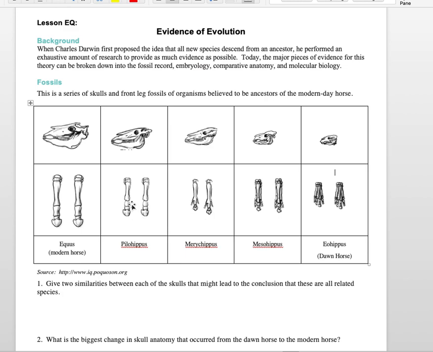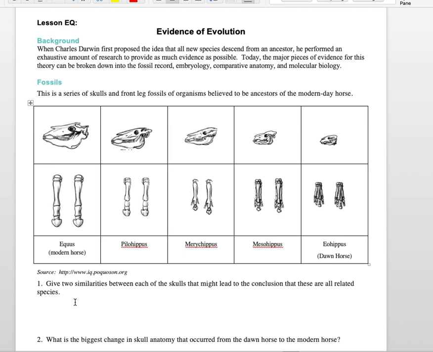We first see more of a change in the Pliohippus, in the legs as well as the skull. If we're comparing this to the modern horse, the Pliohippus is the most like the Equus. All those smaller bones have kind of gone away, or they've gotten larger here and created more of that hoof shape.